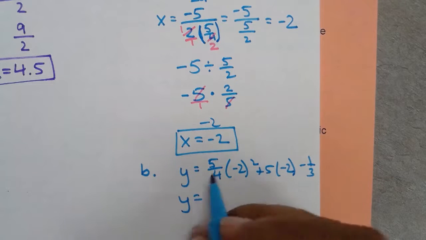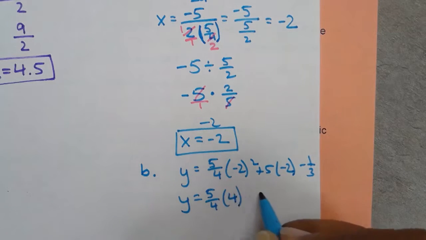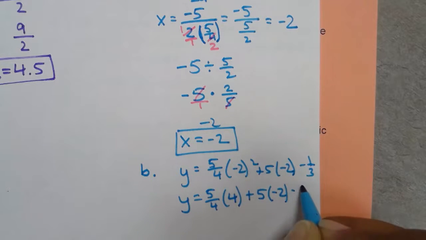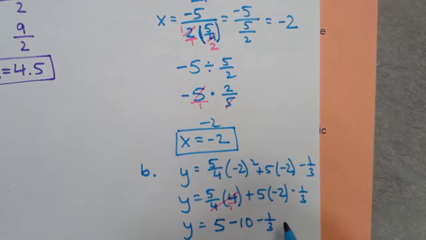All right, exponents first. Leave the 5/4. -2 times -2 is 4. So we have 5 over 4 times 4. Keep in mind this is over 1, so really these cancel, and you're just left with 5. 5 times -2 is -10 minus 1/3.